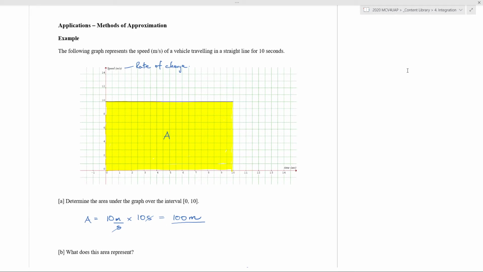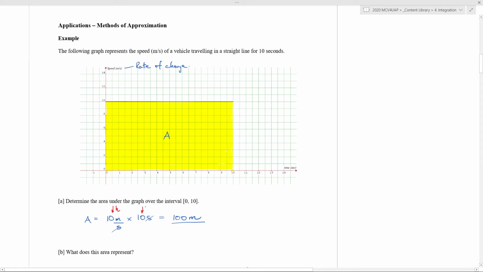And what does that mean when we do that? So this is a rectangle. It's simple to find. We don't need any trapezoids or any other kind of fancy method to find that yellow highlighted area. It's just a rectangle. So it's 10 meters per second. That would be our height.